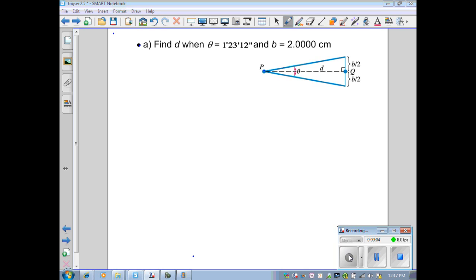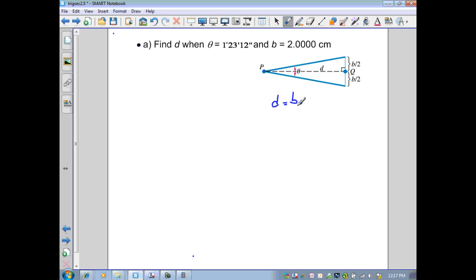Let's take a look at an example. Here they want us to calculate D when theta is 1 degree, 23 minutes, 12 seconds, and B is equal to 2. From the previous slide, we know the formula to find D is D equals B over 2 cotangent of theta over 2. Now, all we need to do is substitute in and make the calculation. B is equal to 2 over 2, cotangent of theta.